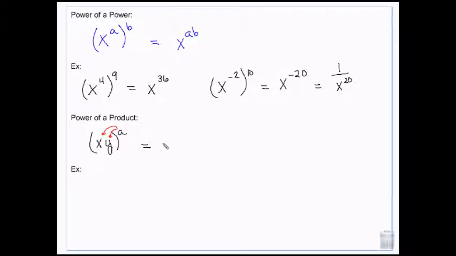So this is going to be x to the a, y to the a. Or if I already had exponents in there, and I raise it to a power, I'm going to be distributing. So I will get x to the AC, y to the BC.